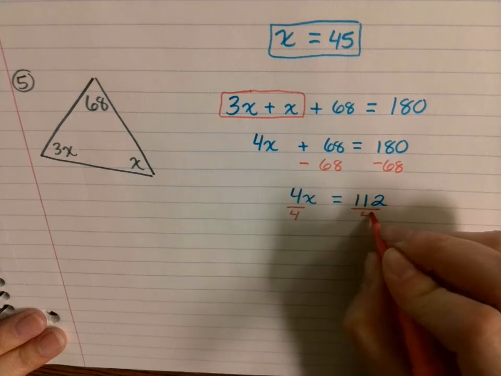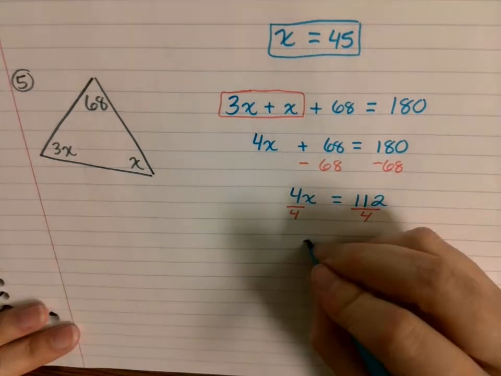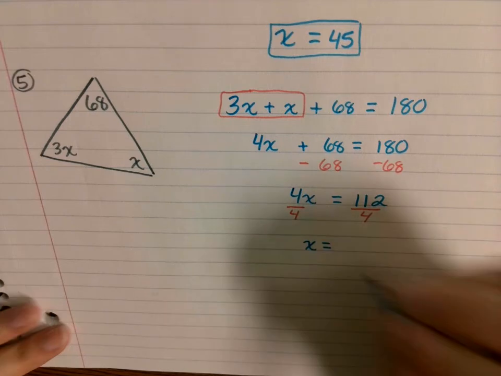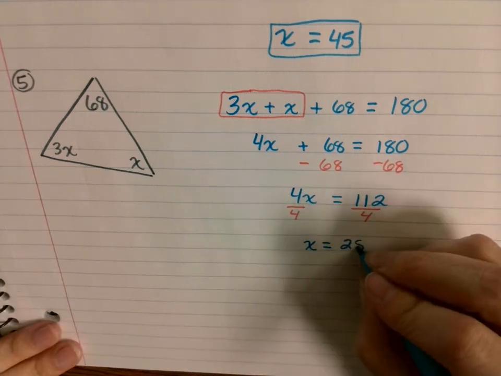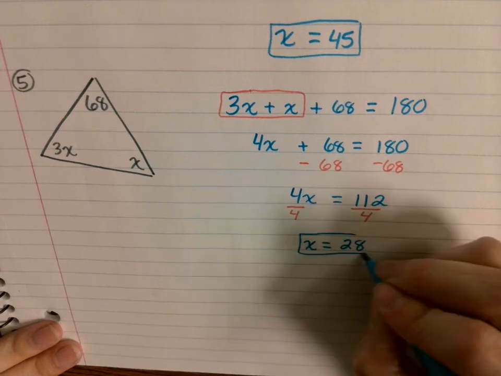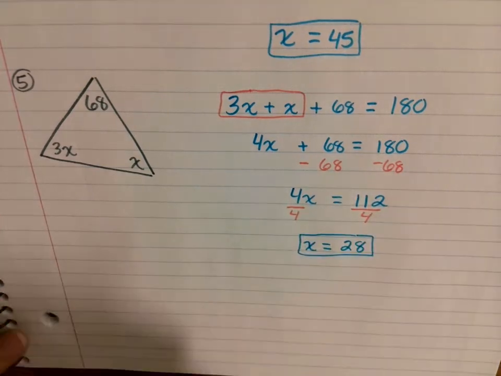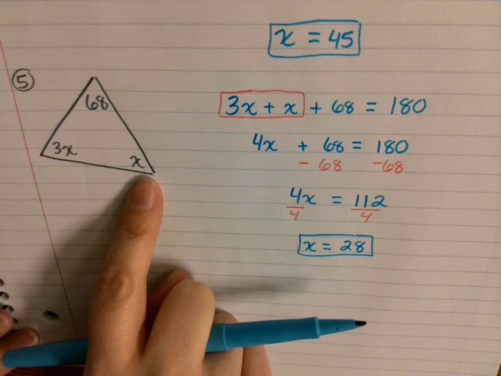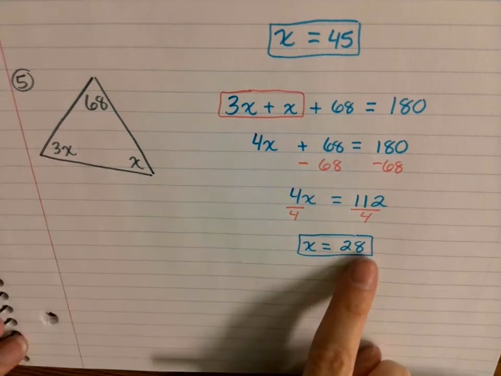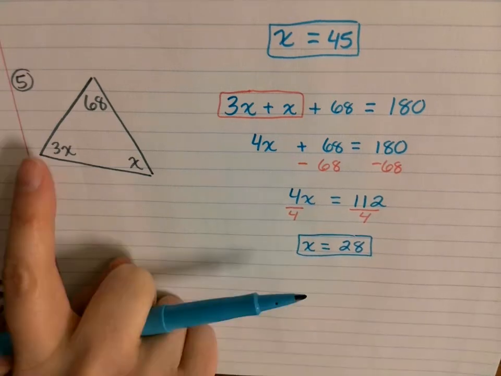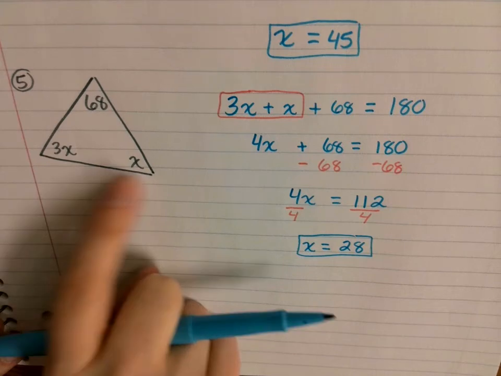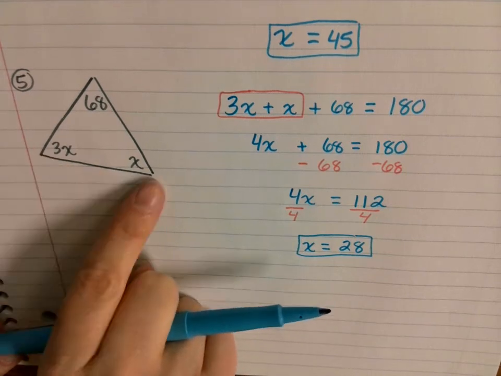What's 112 divided by 4 going to give us? 28. Okay, so that means that x is equal to 28. If I do 3 times 28, that's going to give me 84 for this measurement. So we would have 28 and 84 for our two angle measurements. Okay?